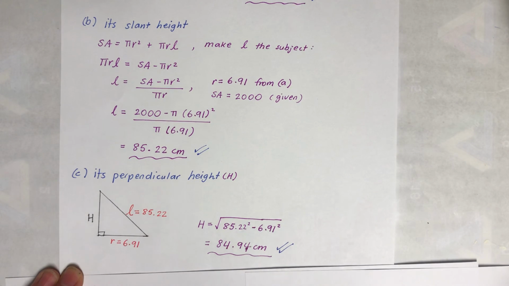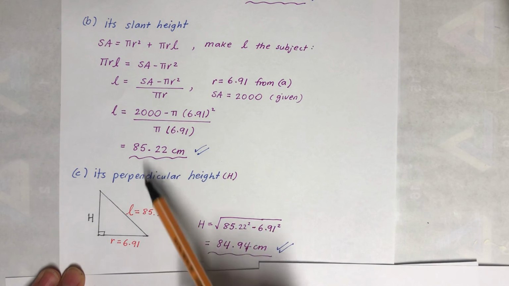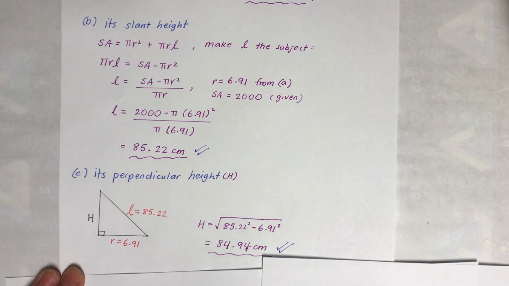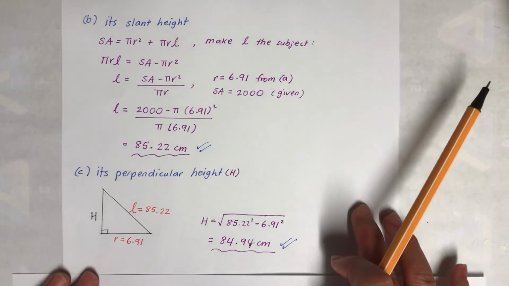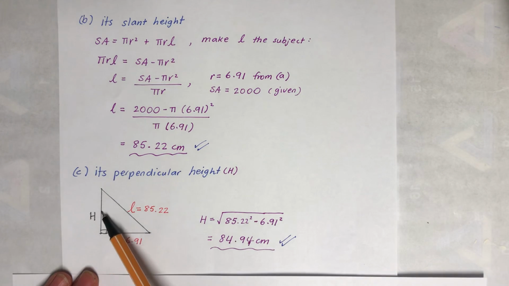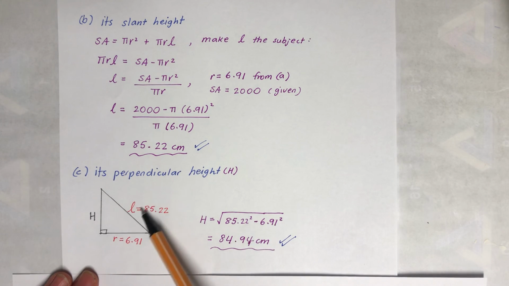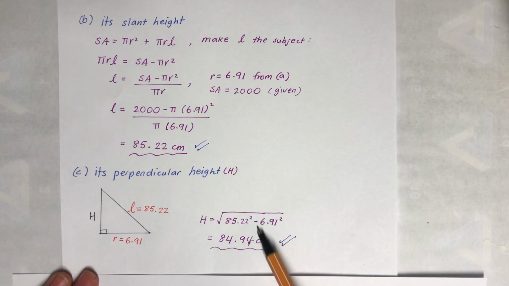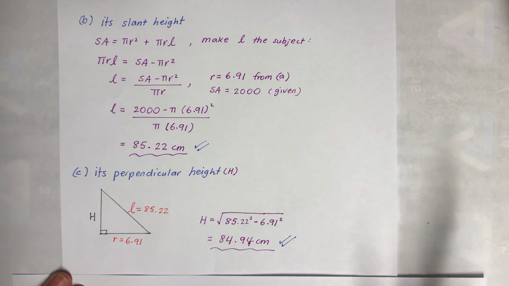So the radius from part A was 6.91, and the slant height was 85.22 from the previous question. So H is one of the shorter sides, not the hypotenuse, so I have to take it away. And I'll get 84.94 centimeters in 2 decimal places.